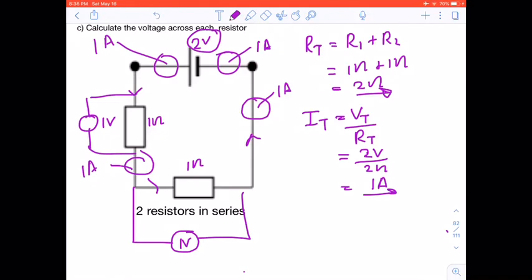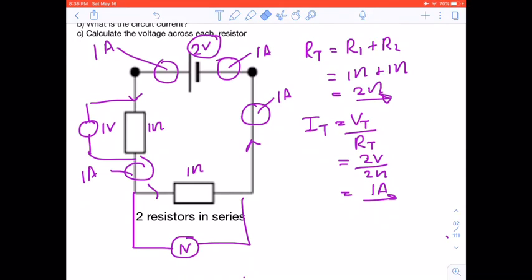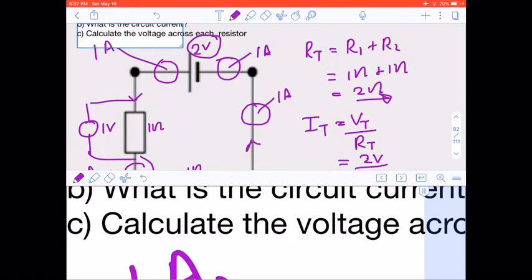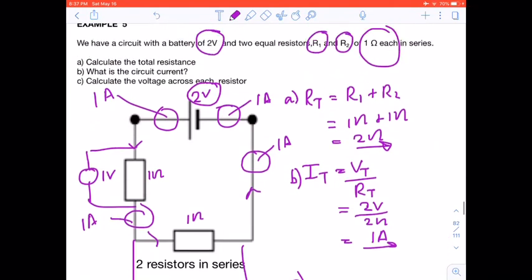So here we see 1 volt plus 1 volt gives us the total voltage. The question says calculate the voltage across each resistor. Say that's A, that is B, and C would be 1 volt.